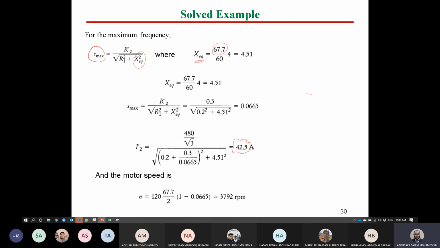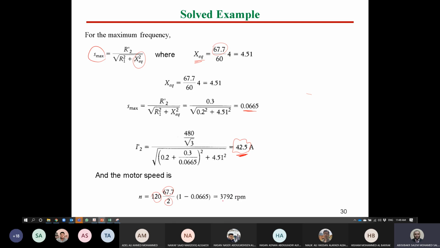Can you see? By increasing the frequency, the value of current is increased at steady state. So you operate now at maximum possible torque according to the characteristic, and at the same time the current has been increased. Regarding the speed, شباب, if you would like to calculate the motor speed in the second case, after increasing the frequency, طبعا substitute here in the equation N equals 1 minus S, which we have already obtained, multiplied by NS, and you know NS in this case is 120 multiplied by the value of the new frequency over the number of poles.